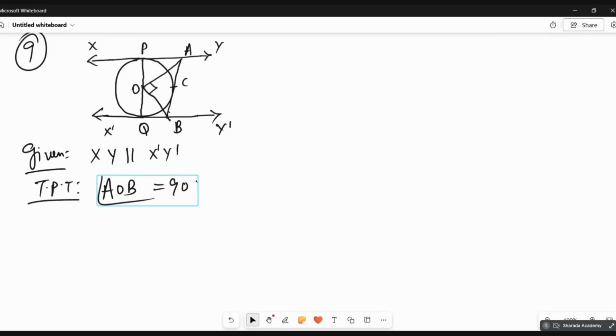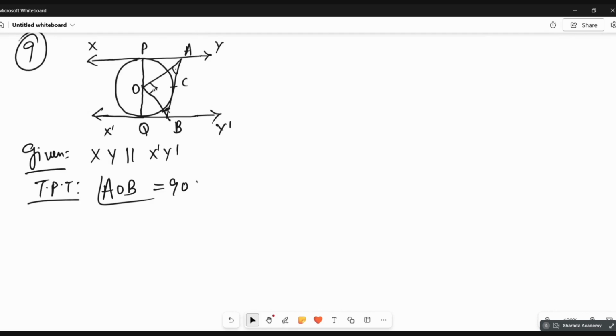Now listen, AOB is a triangle, correct? If I prove these two angles sum is equal to 90 degrees, then I can say this angle is also 90, because of the angle sum property. Again, I repeat, AOB is a triangle. I want to prove this angle 90.